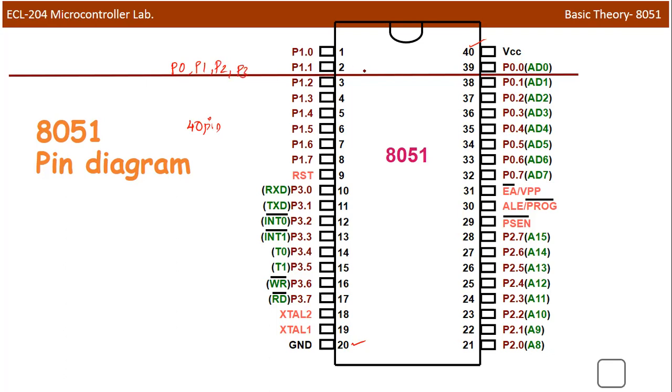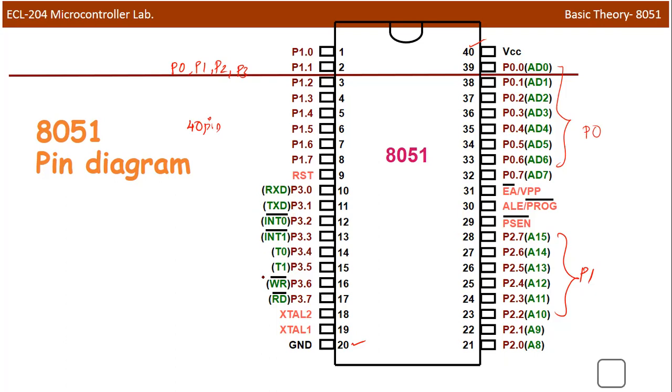From this picture you can see that pins 1 to 8 are port 1 pins, and pins 39 to 32 are port 0. Similarly, pins 21 to 28 are port 2, and pins 10 to 17 are port 3.